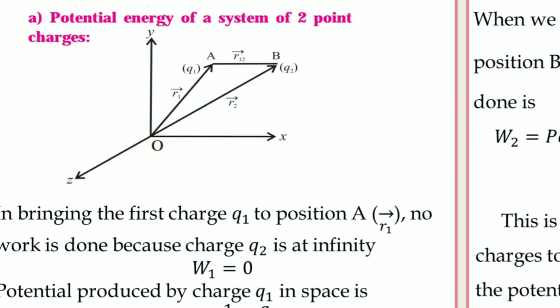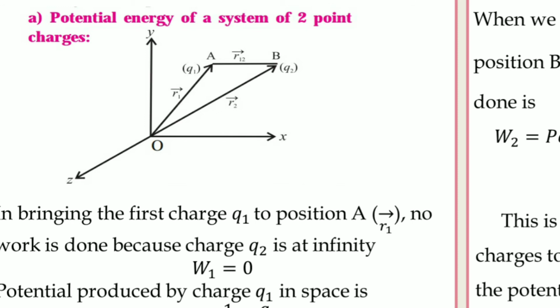For that, we have considered two charges, Q1 and Q2. You can see in the figure also, with position vectors R1 and R2 relative to some origin O. So here you can see an XYZ axis, and that is the origin.